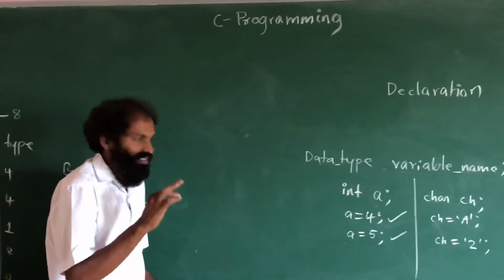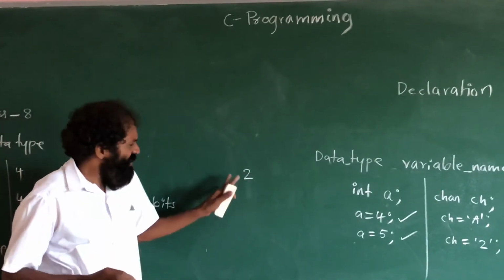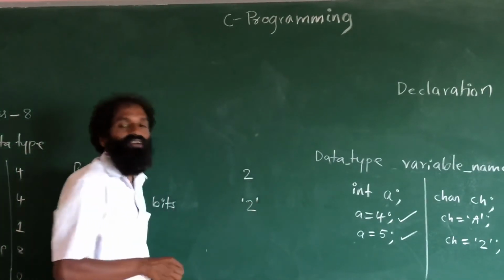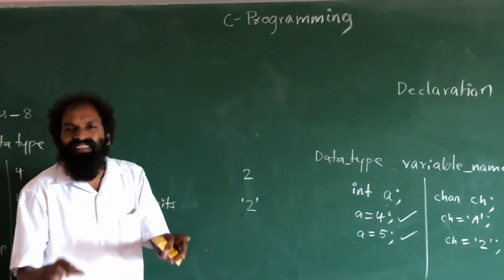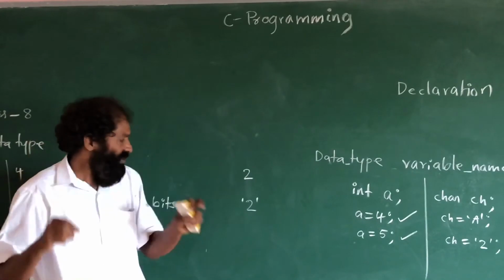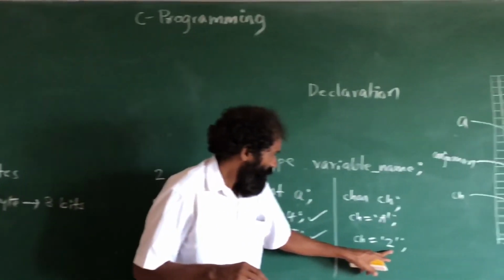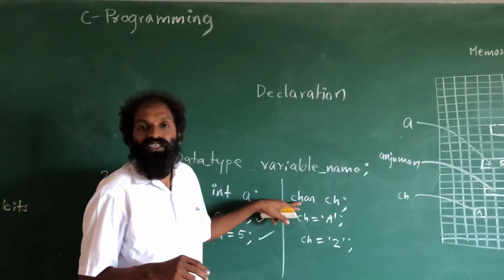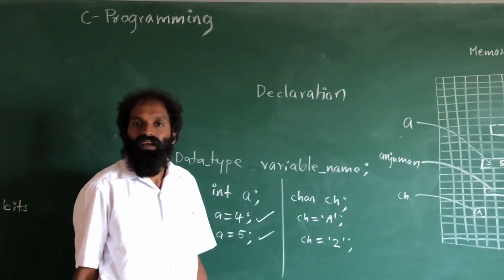We have to remember this. This is an integer, perfectly it is integer 2. If you write the same 2 under single quotes, this is called a character. Anything you write under single quotes is called a character. If you declare a variable using char, we should write single quotes, otherwise it will not take.